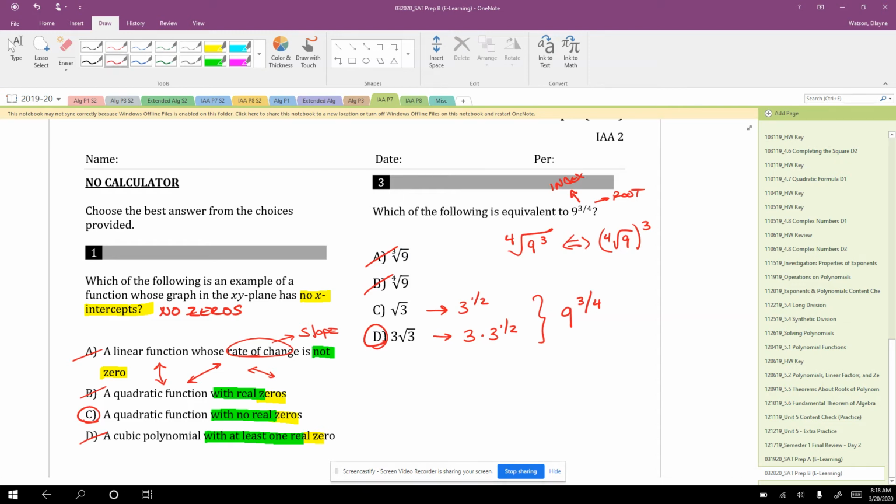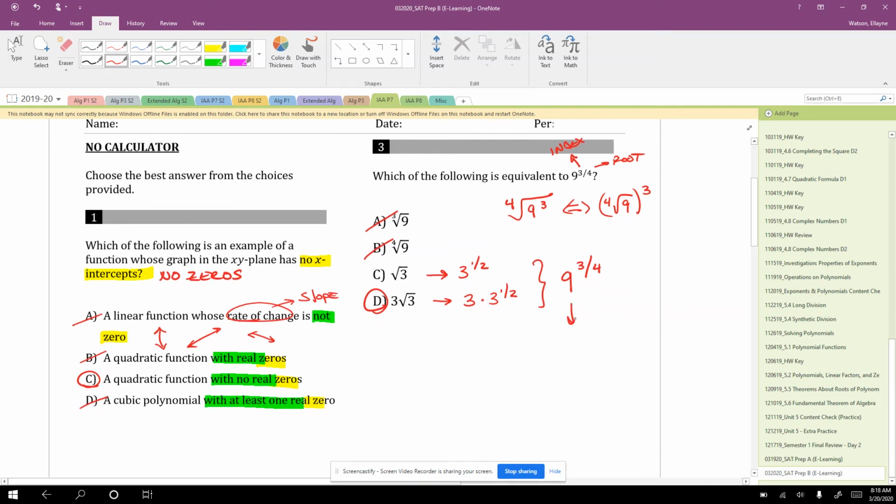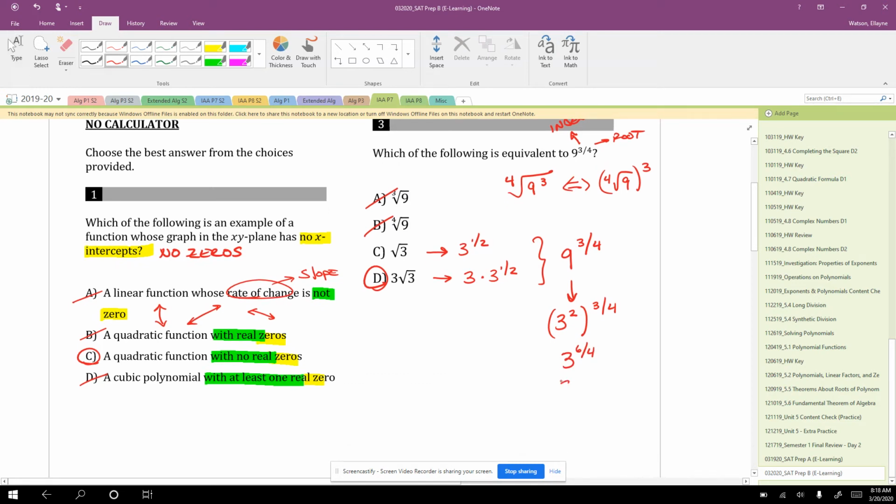Well, here's how it actually works. 9 to the power of 3/4 is the same as 3 squared to the power of 3/4. And then properties of exponents say that this is also the same as 3 to the power of 6/4, which if you reduce or simplify it, you get 3 to the power of 3/2.